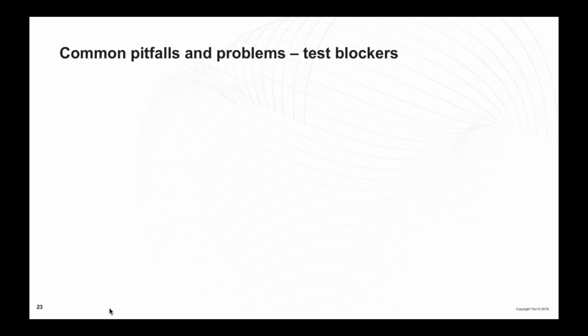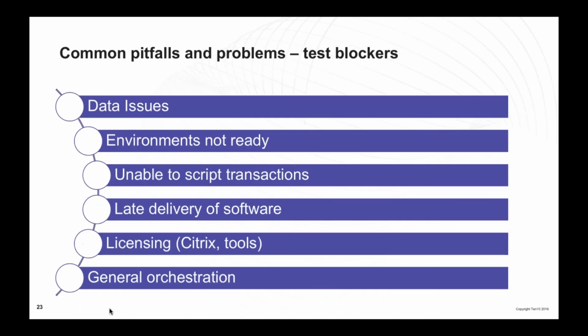So there are things like data issues where the data doesn't tie up, for example. So your scripts are trying to search for particular items, add items to baskets and pay for items, and the data isn't aligned. So maybe the items don't exist, or there aren't enough of them, or they don't tie together. So when you try to add it to the basket, it doesn't work.